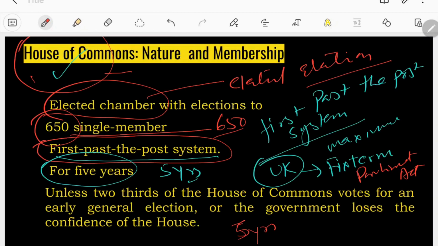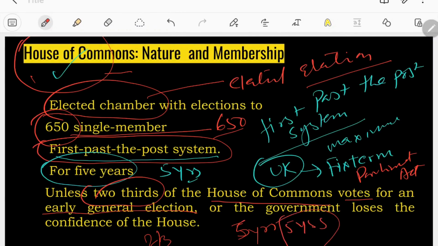However, in certain cases, if due to some kind of the ruling party or the government which is there, it has lost its confidence in the House, then with the 2/3 majority of the House of Commons by the votes, they can go for the early general election. Otherwise, as per this act, the election must take place only after 5 years.